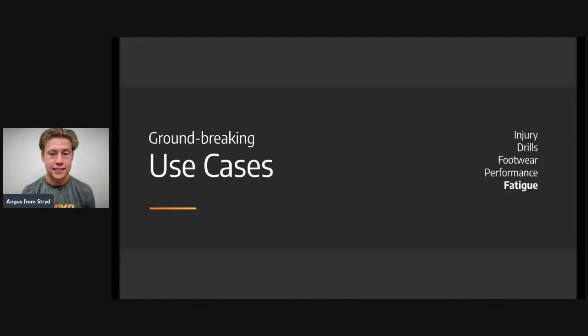Quantify and visualize the impact of your drills on your footpath to determine if they're providing the intended benefits. Number 3 is footwear. Observe how different shoe choices reshape your footpath and impact your running. Number 4 is performance. Visualize your footpath to determine personalized indicators of how your footpath changes as your performance transforms. And then finally, fatigue, and that's what we're going to be looking at today. Monitor how and when you fatigue in and across your run so you can tailor your training to combat fatigue.